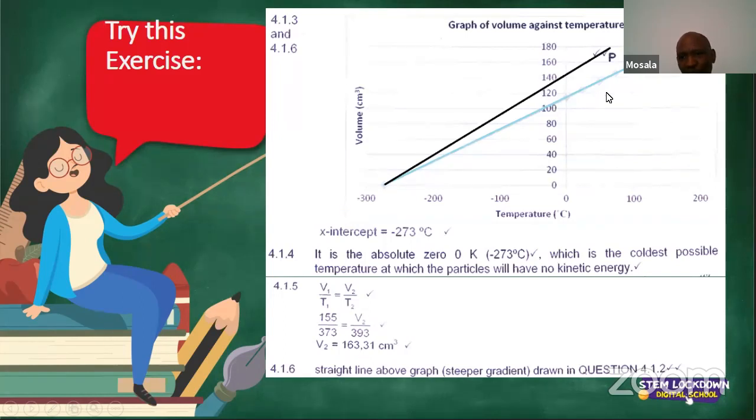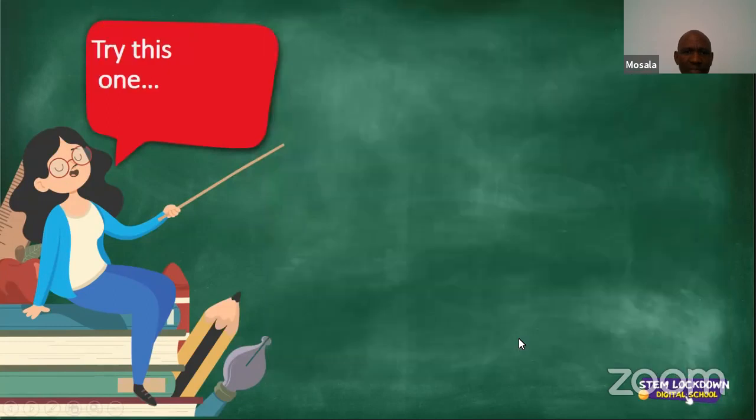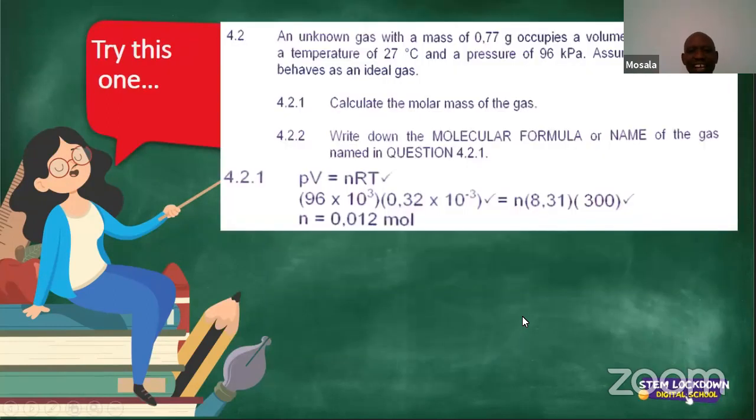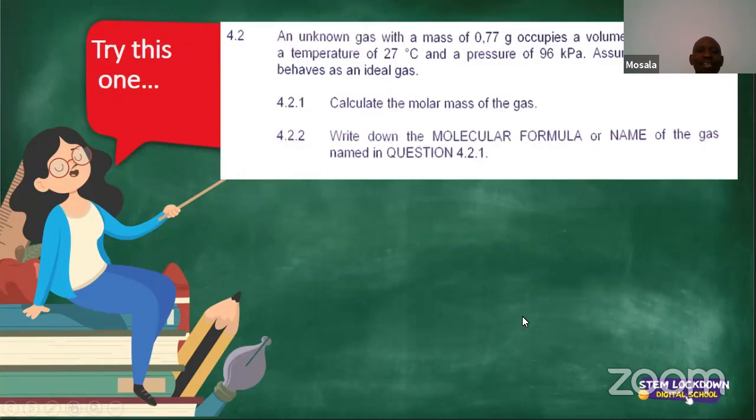Remember the blue one is when this experiment is carried out at higher pressure. So if it's carried out at a little bit higher pressure, the gas will occupy more volume. So let's try out this one here for the next 5 minutes.